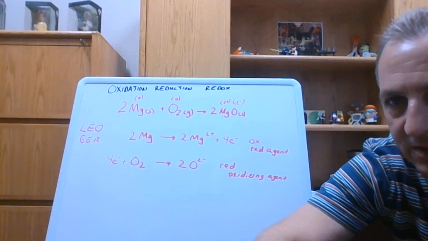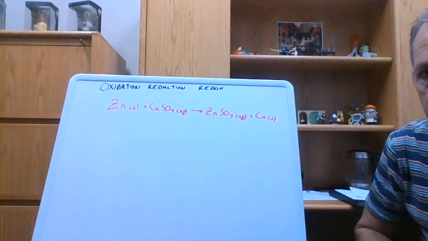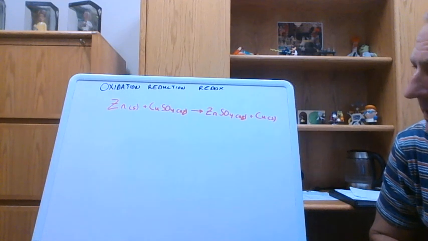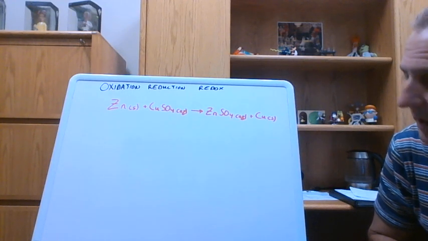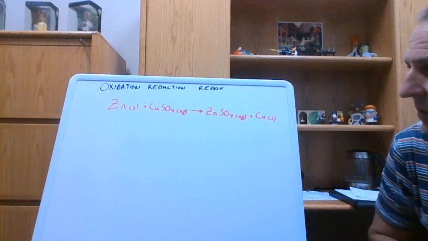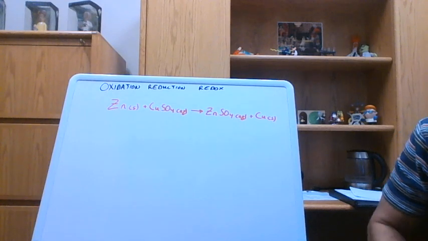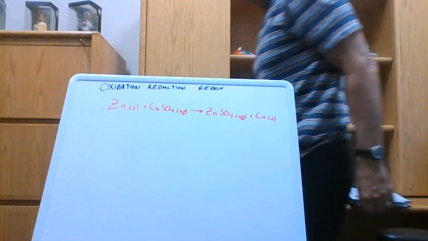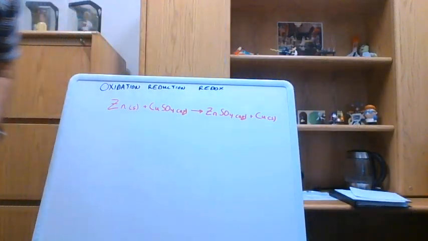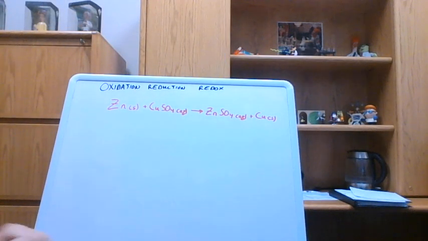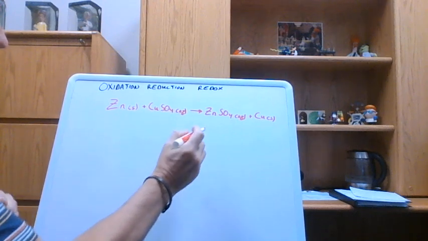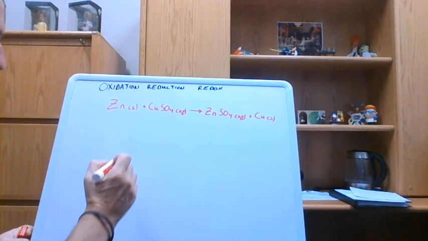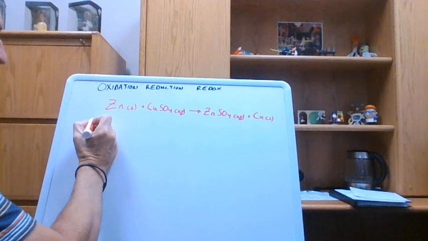All right, so here's another oxidation reduction reaction that we want to look at to try to figure out who's being oxidized, who's being reduced, and to balance that oxidation equation. So in this kind of oxidation reduction reaction, sometimes to write the half reactions, if we have an aqueous ionic species, it helps to write out the complete ionic equation.